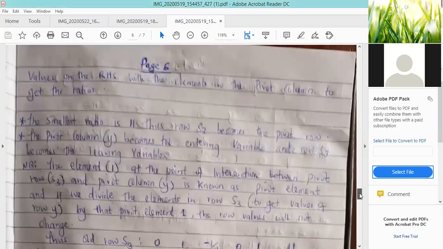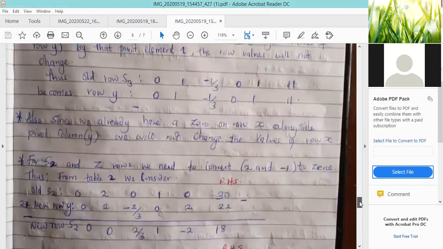And that's why, as I get my new row Y as my entering variable, the elements are just like what we had in our S3 row. My pivot element being 1, when we divide all this by 1, the result will still remain the same.